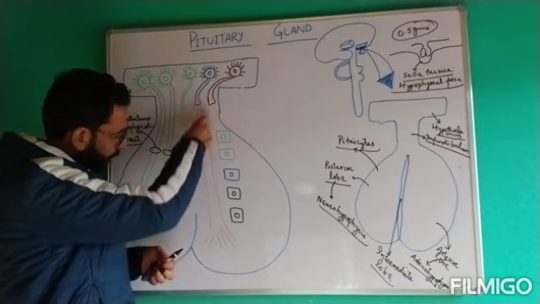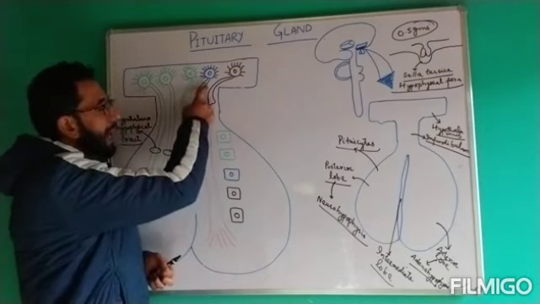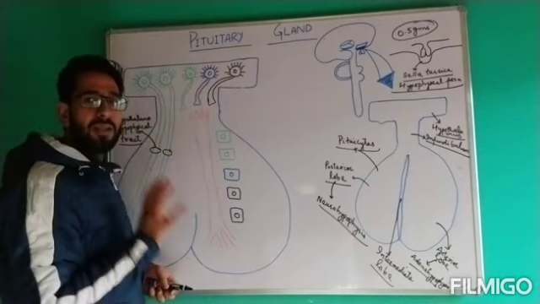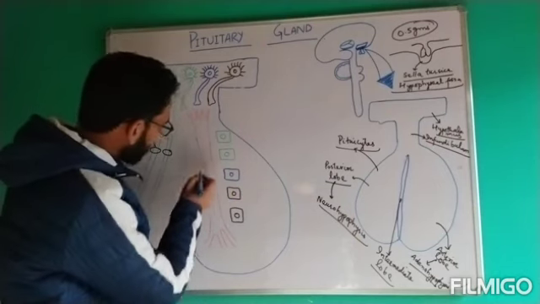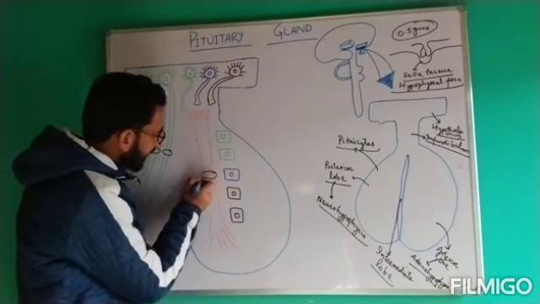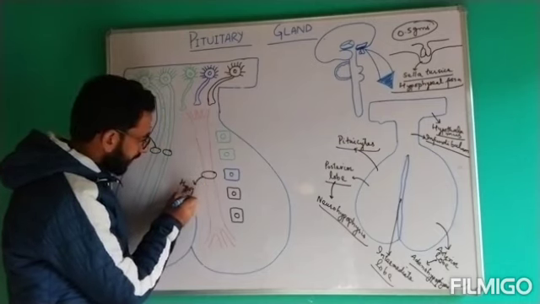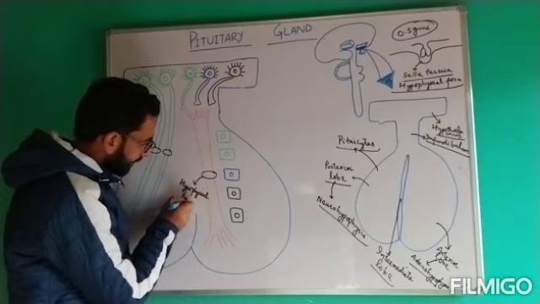And this portal system right here is the connection between the hypothalamus and the anterior pituitary gland, or the anterior lobe of the pituitary gland. And this portal system is called the hypophyseal portal system.